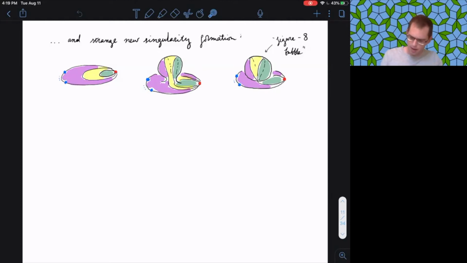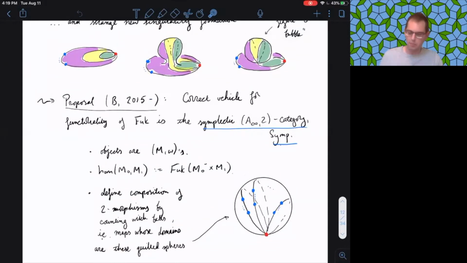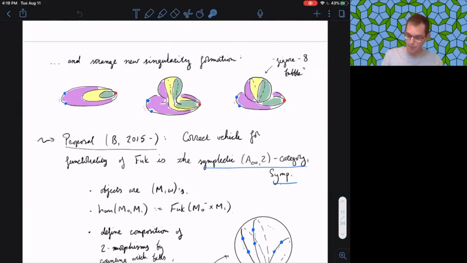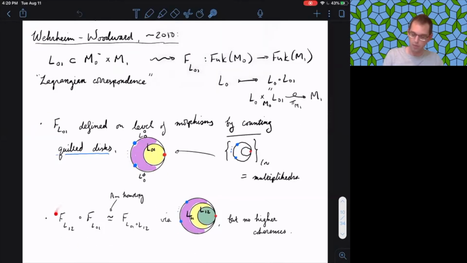And so I've been working on this proposal over the last 5 years now for a way to complete their picture to something that's a self-contained way of describing the functoriality of the Fukaya category, specifically a way of including this figure-8 bubble and moreover building a whole hierarchy of higher coherences, which they started with their collection of homotopies here.